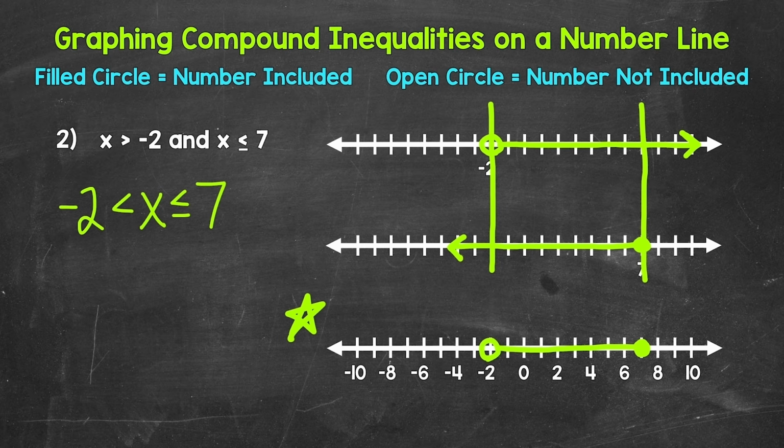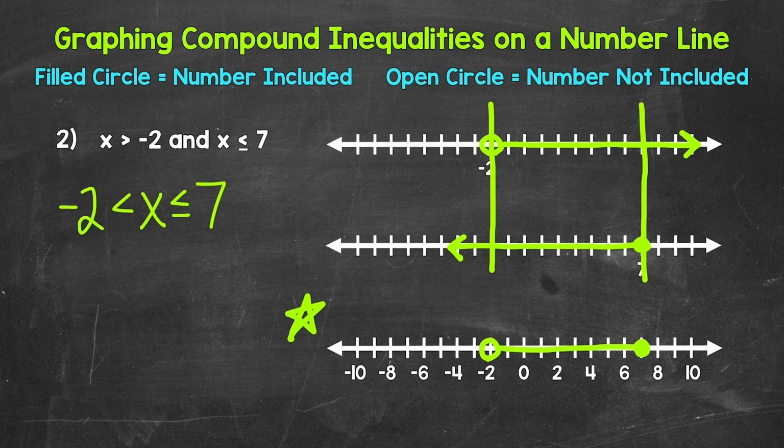Is 10 greater than -2 and less than or equal to 7? Well, 10 is greater than -2, but 10 is not less than or equal to 7. So 10 is not a solution. So anything greater than -2 and less than or equal to 7 will work. And we can see that represented on the number line.